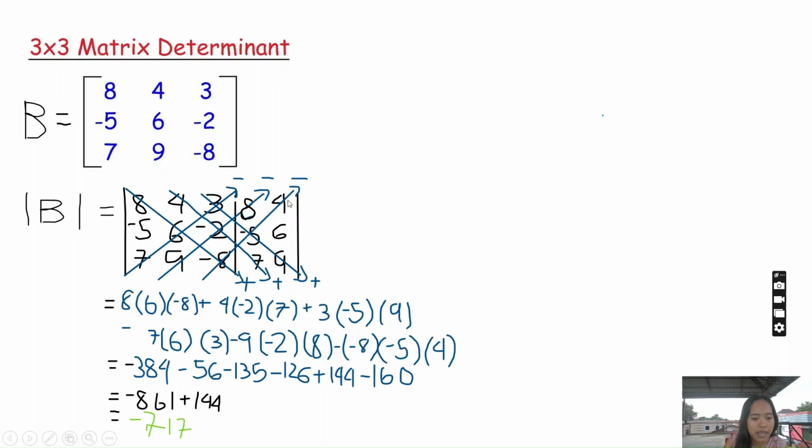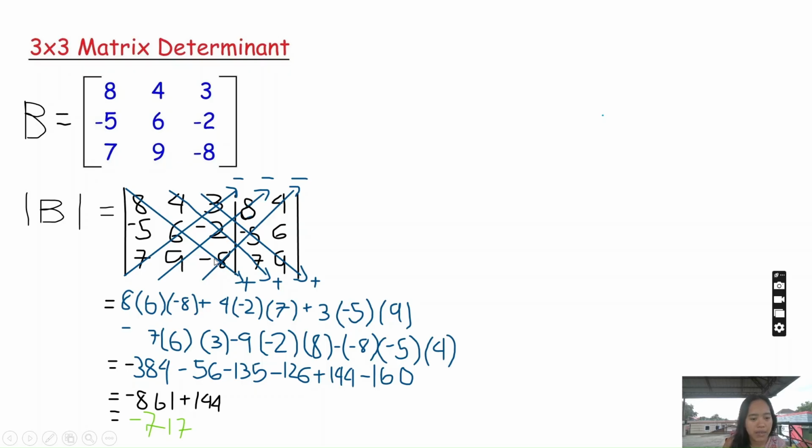Then to solve this, we will multiply diagonally, just like what we did in the 2 by 2 matrix.